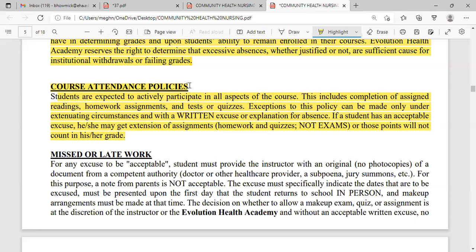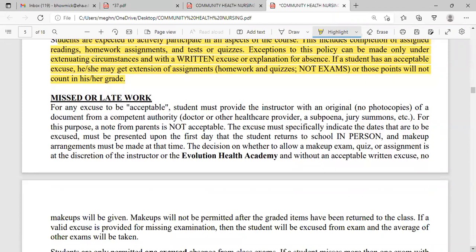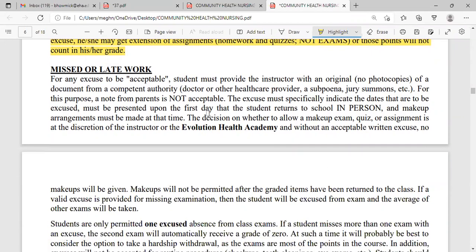If the student has an acceptable excuse, he or she may get an extension of the assignment, and those points will not count in his or her grade. Basically, our students are so obedient, so smart, they finish the quiz before the due date. They're really respectful.